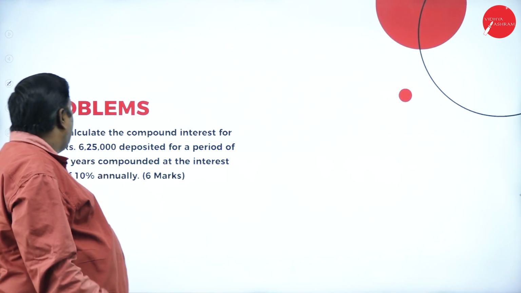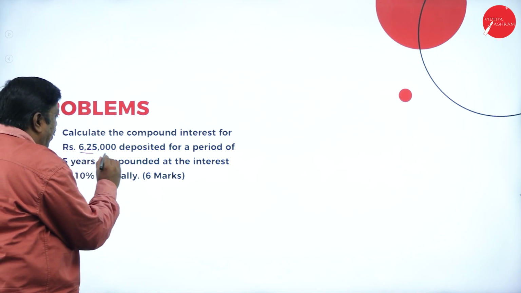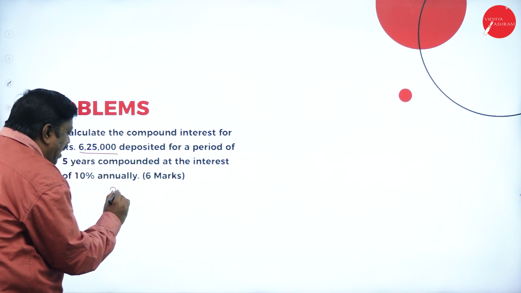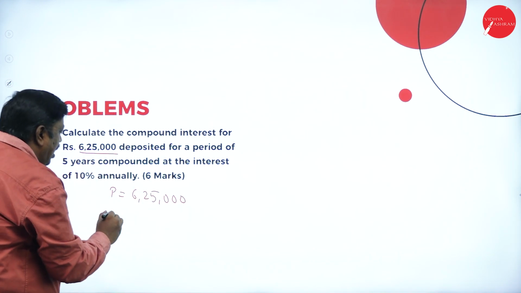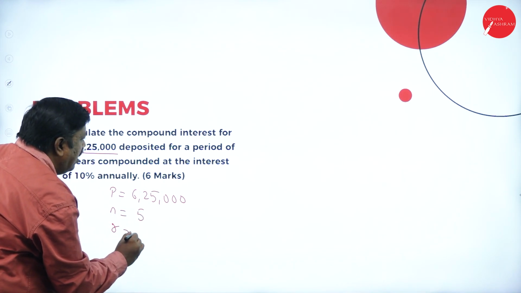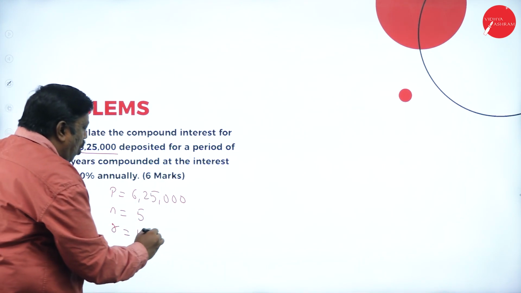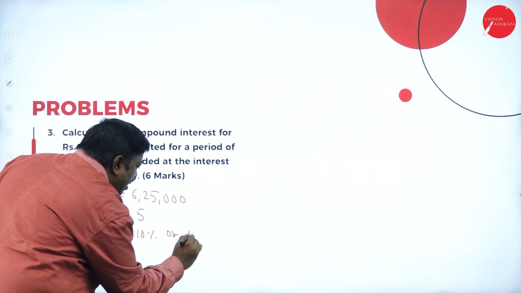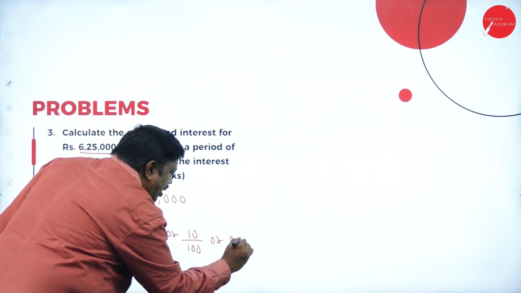Next, in the third problem, the principal amount is 6,25,000, the period is 5 years, and R is 10%, or 10 by 100, or 0.10.